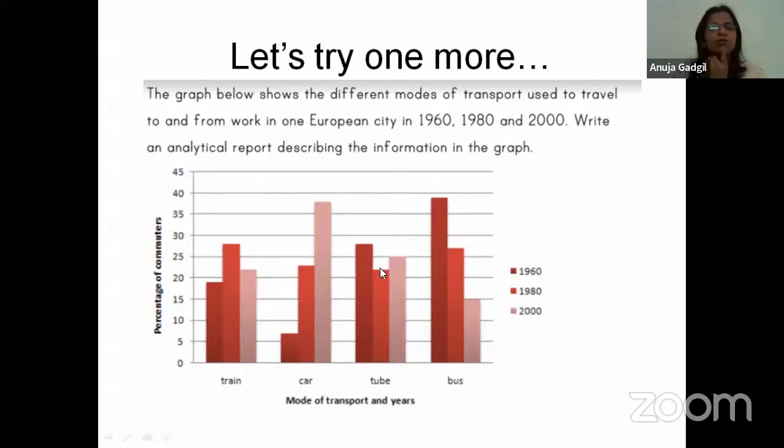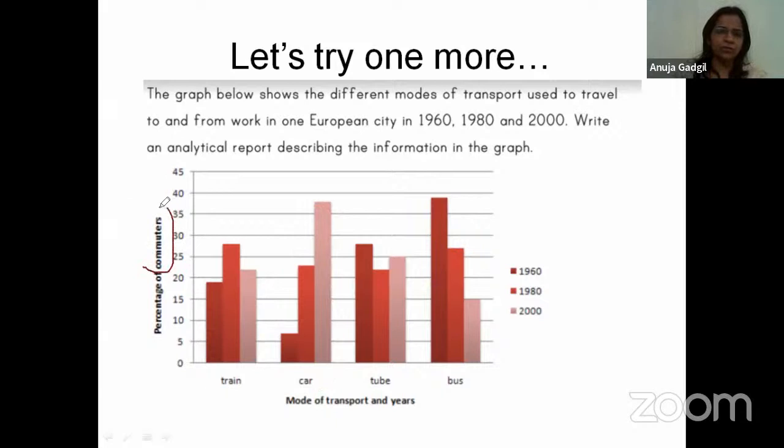Now I want you to tell me, my dear friends, that if you look at this particular mode of transport, car, pay attention, this is very important, and this is very interesting too. Let's take example of this particular transport, car. Can you tell me now percentage of commuters?